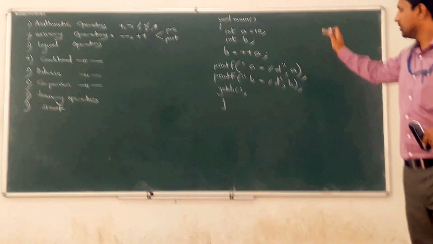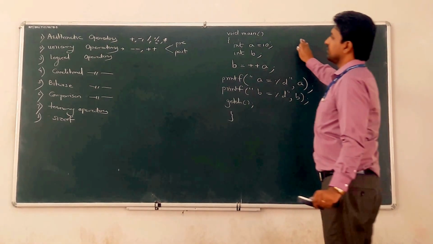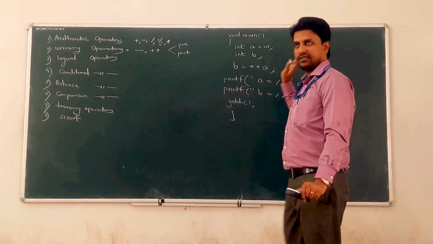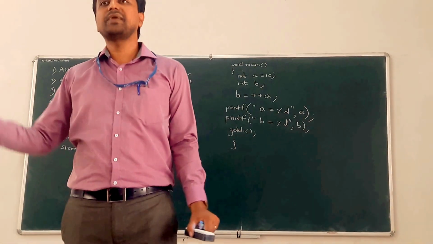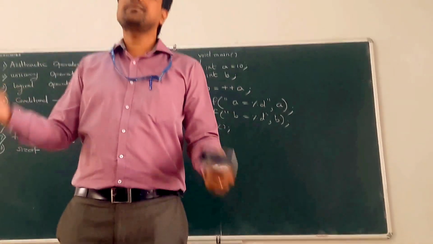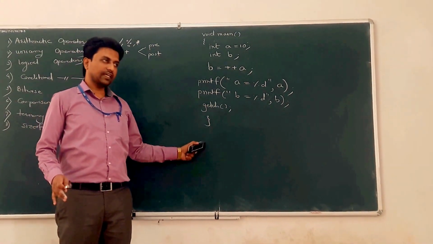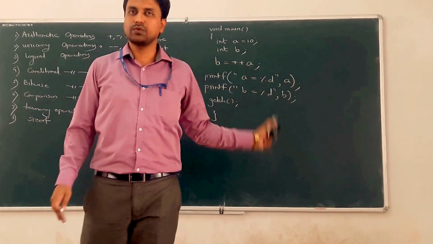So this is the code of our program. Save this file as pre-increment.c in your folder, compile it and run it. After compilation, if there is no syntactical error, you can run it. What is the expected output of this program?